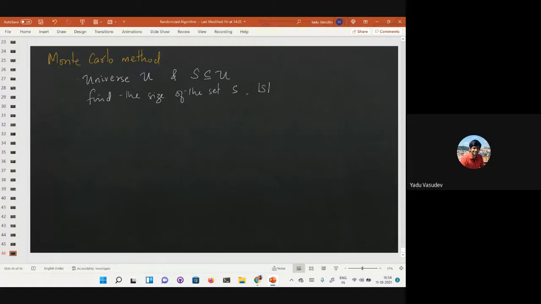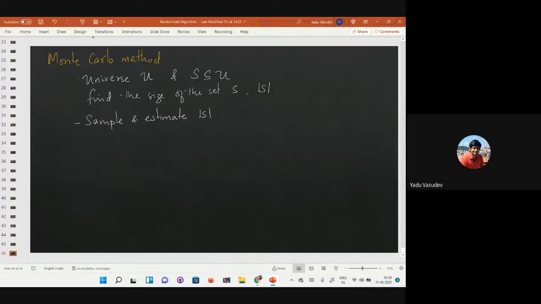And the idea of the Monte Carlo method is the following: you are going to somehow sample and estimate the size of S. What does that mean?